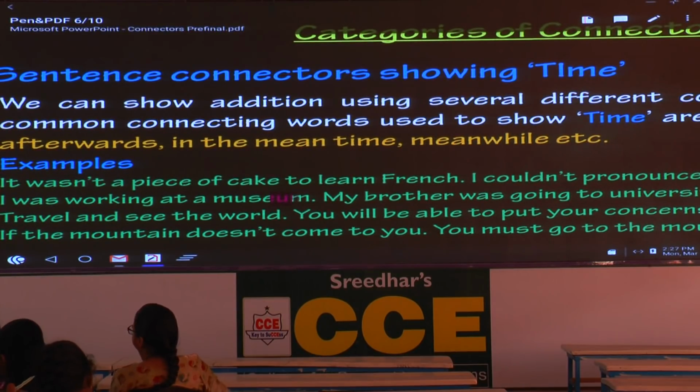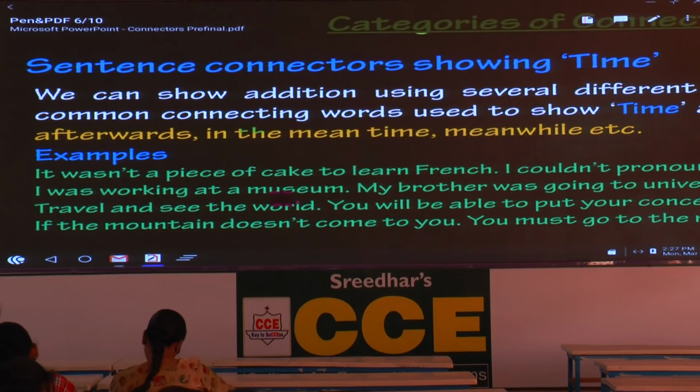Do you find it useful? Sure. Write the next one. Sentence connectors showing time. Please underline time.